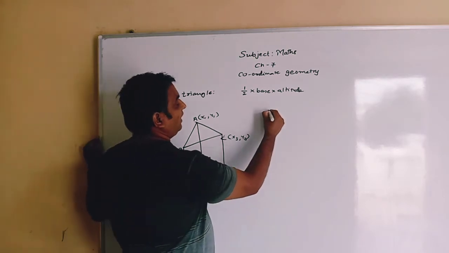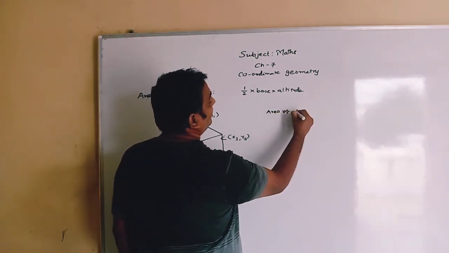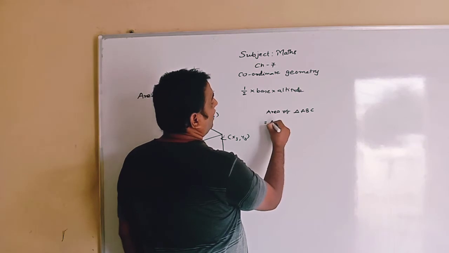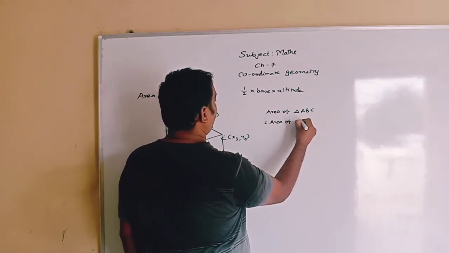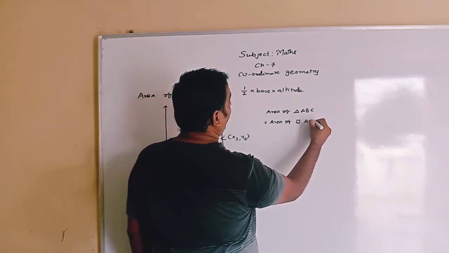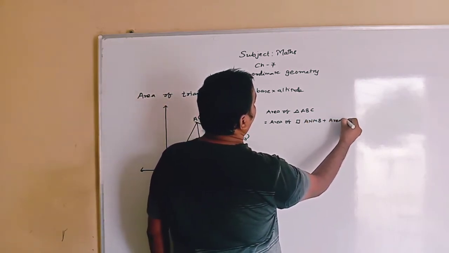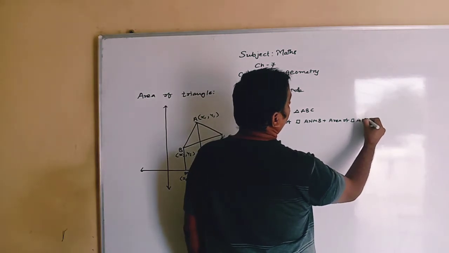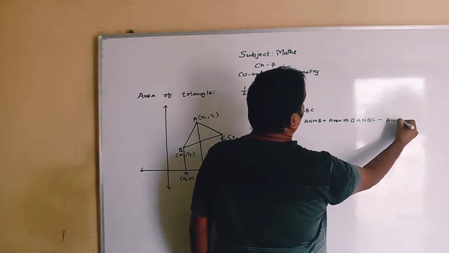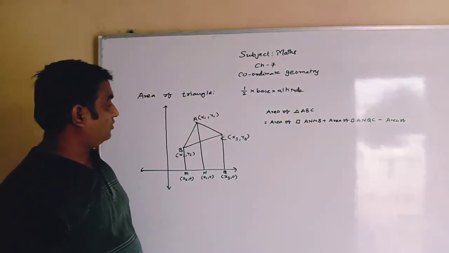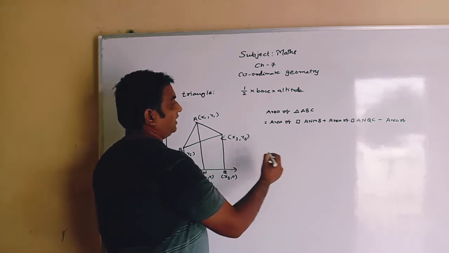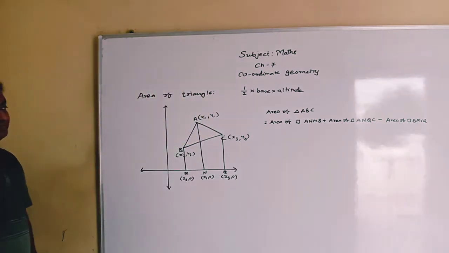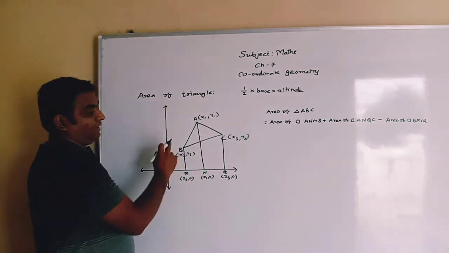So we can write the area of triangle ABC equals area of trapezium ANMB plus area of trapezium ANQC minus area of BMQC. Now ANMB is a trapezium.